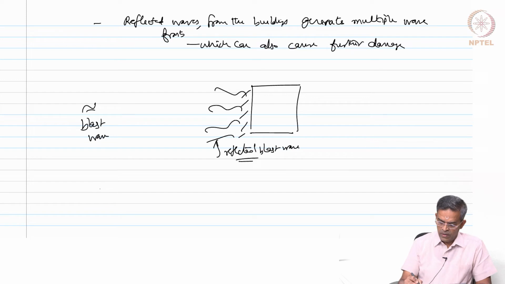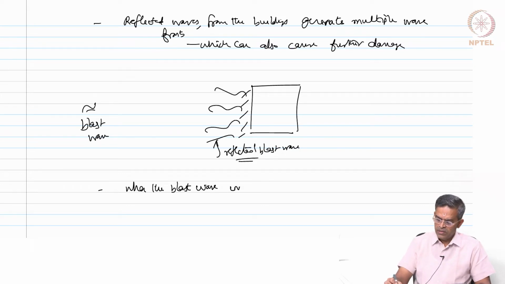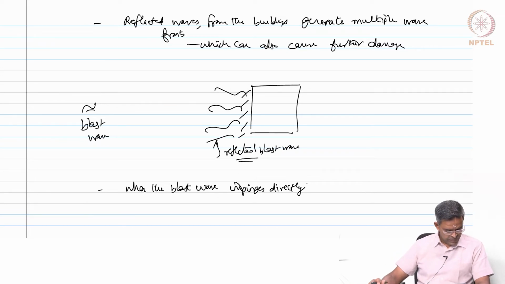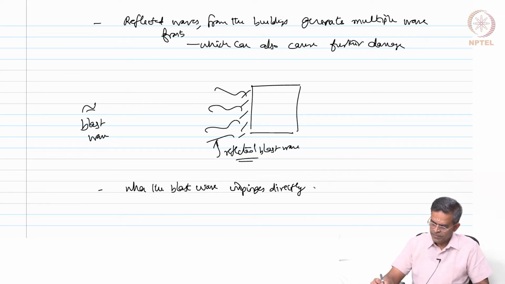Further, when the blast wave impinges directly onto the face of the building, it is reflected from it.